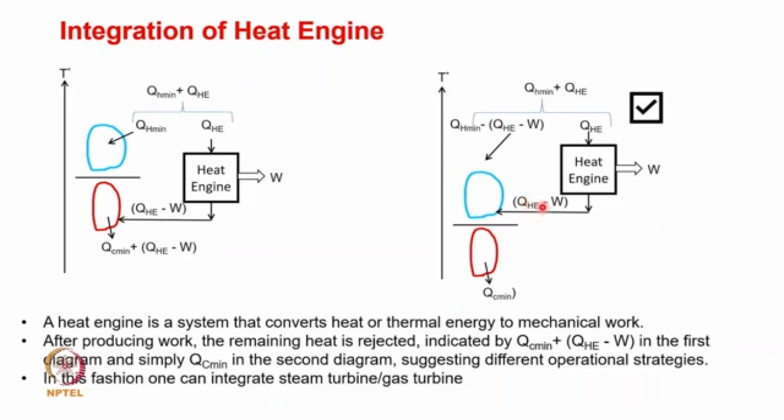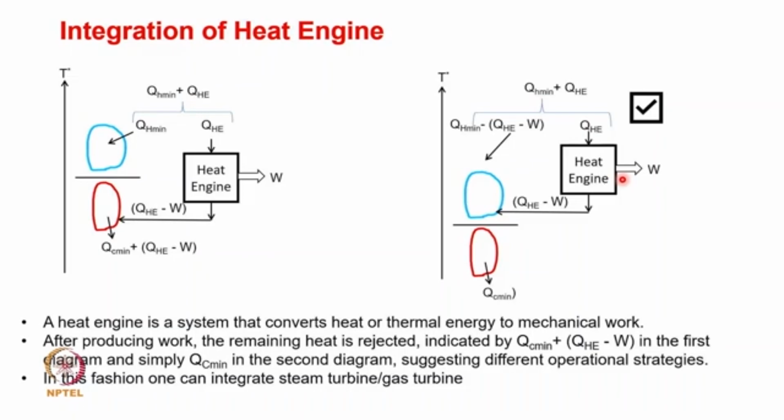As we are receiving this QHE minus W as additional heat above pinch, the total heat requirement from the utility is also reduced by QHE minus W. And we are also getting the useful work. So this is one way to extract useful work and integrate a heat engine into the system.